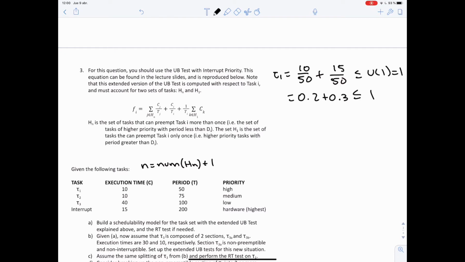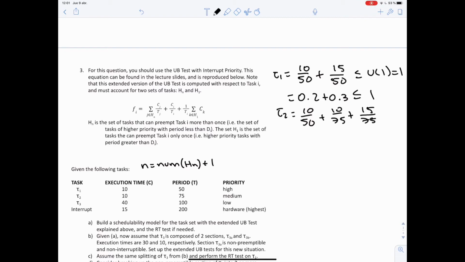So for task 2, we now have a task that is in HN because task 1 has a lower period and a higher priority than task 2. So we will include it here. Again, this is this term. And then we have itself, which is 10 over 75. And then we have 15 over 75 here.